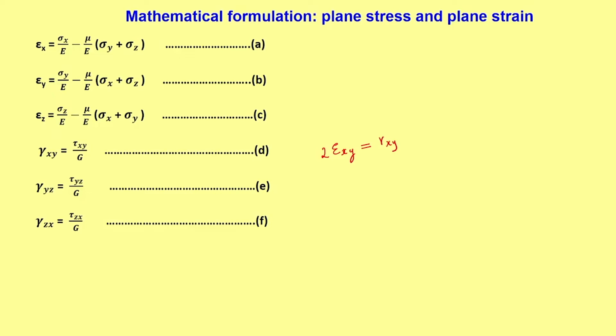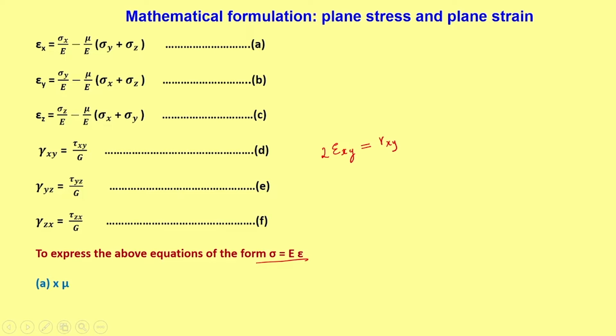Now this is strain in terms of stresses, so we will try to find the inverse of this, that is, stress as a function of strain. That is what we will do first. We need to do some mathematical rearrangement and then find the expression for sigma. We need to obtain equations of the form sigma is equal to E into epsilon.